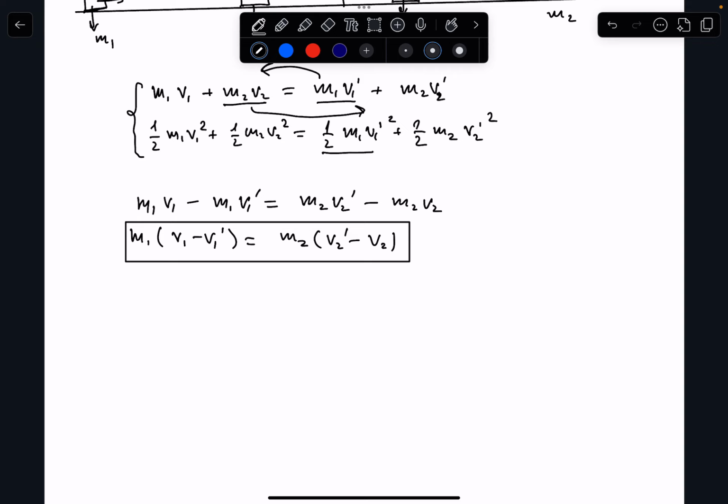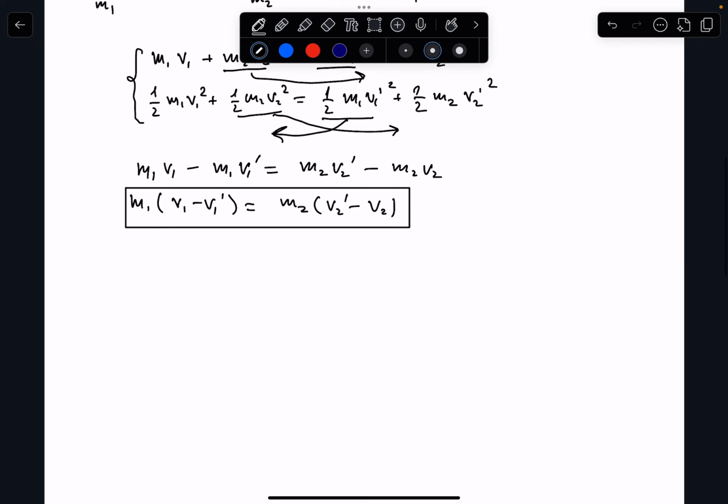Now we will do the same with the conservation of energy. We move this term to the left side and this one to the right-hand side, and it becomes 1 over 2 m1 v1 squared minus 1 over 2 m1 v1 prime squared equals 1 over 2 m2 v2 prime squared minus 1 over 2 m2 v2 squared.